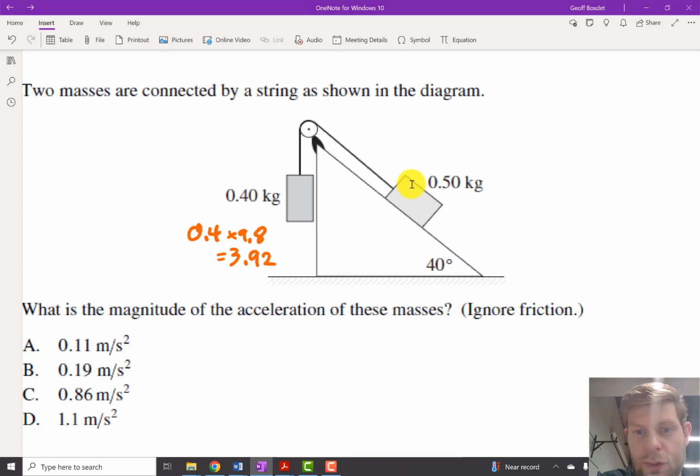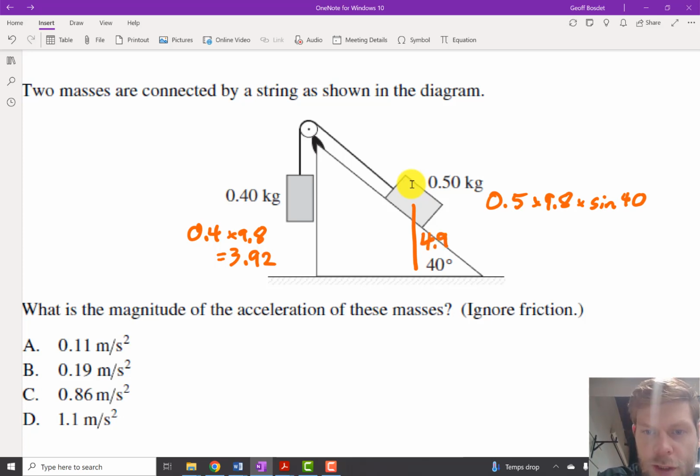And then I would do 0.5 times 9.8 times sine 40, because 0.5 times 9.8 is 4.9. If I were to draw my little triangle here, this would be my parallel force that I'm interested in.